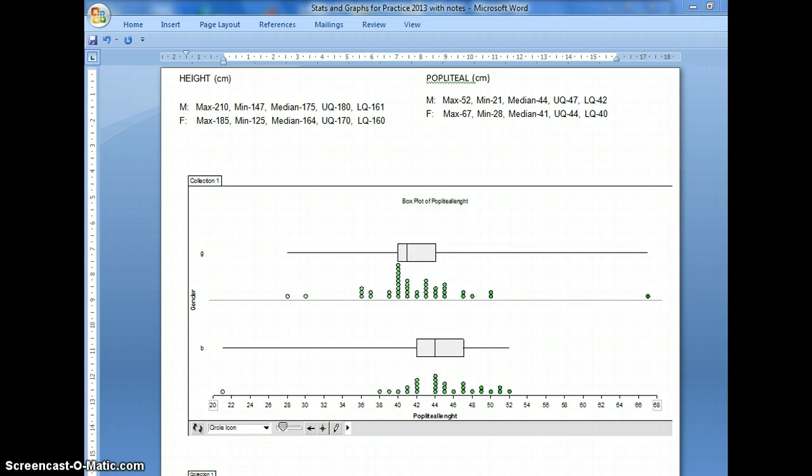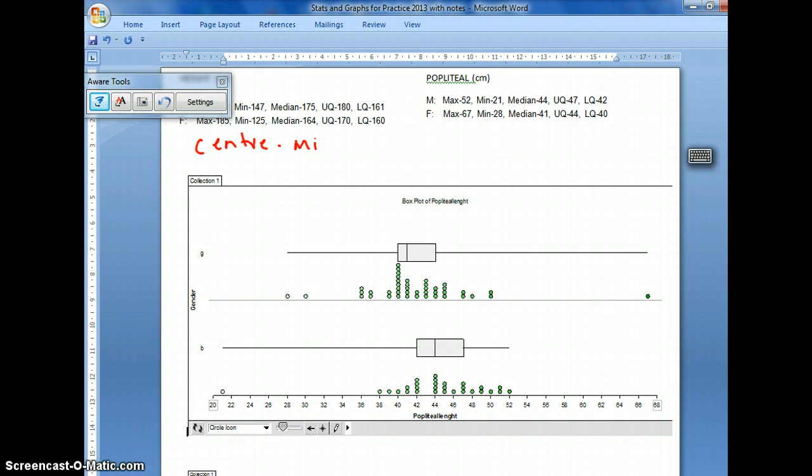We want to look at something about the centre, which is the middle 50%. And then we also want to talk about spread, which is the interquartile range, called the IQR.